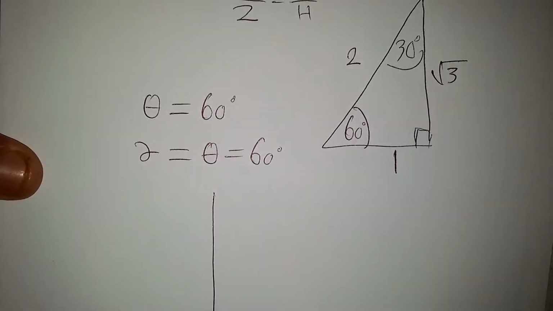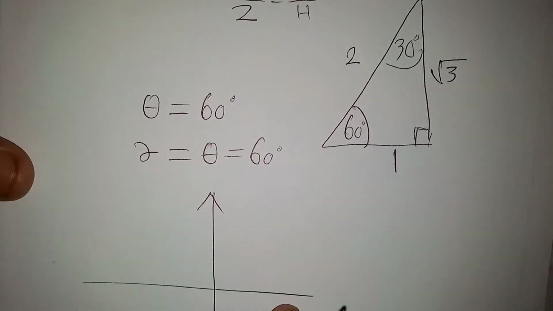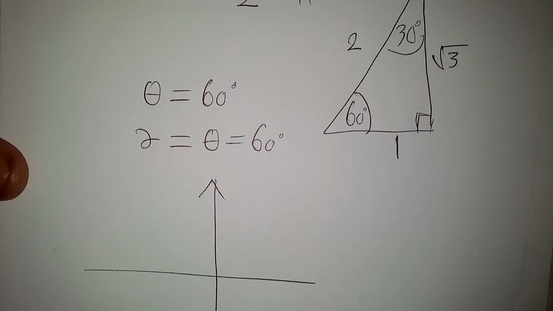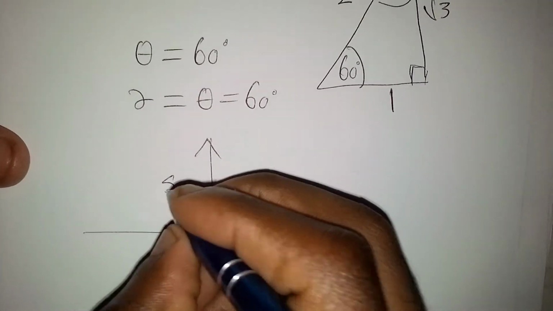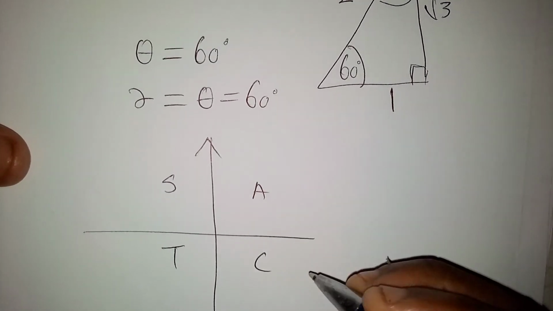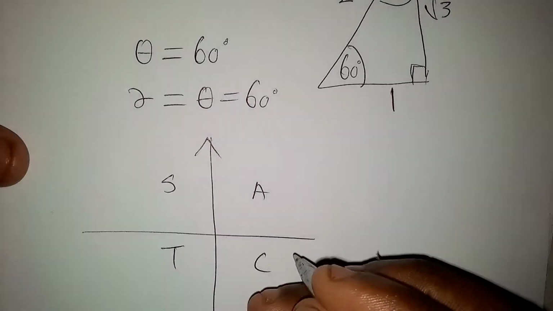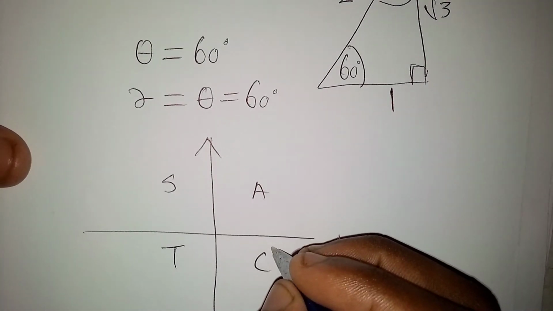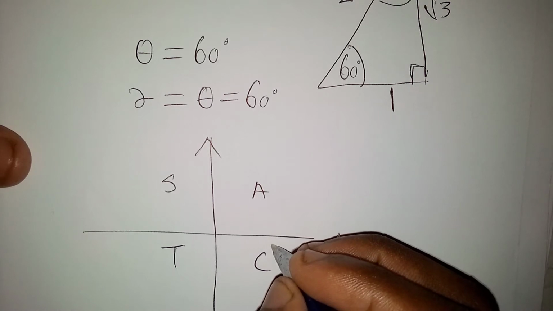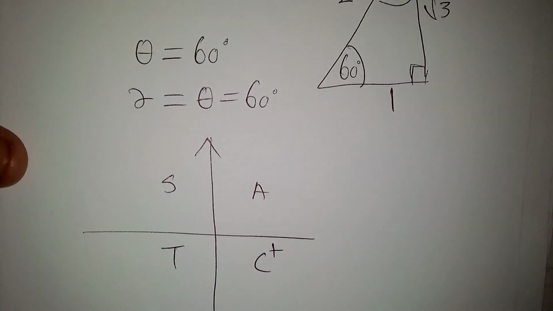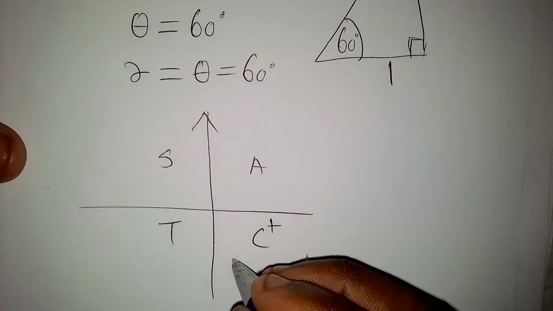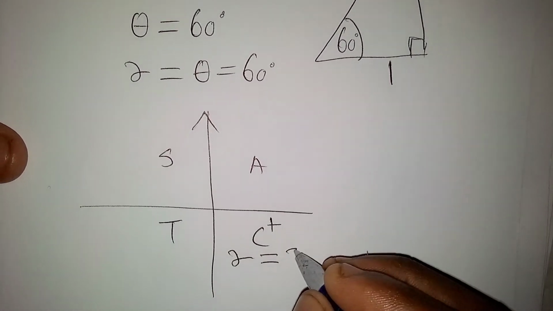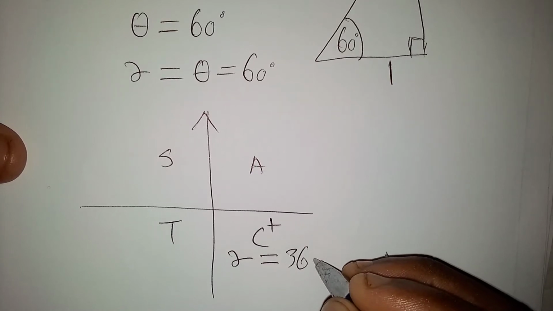Then cos is positive in which quadrant? All students take calculus. So cos is positive in the fourth quadrant.